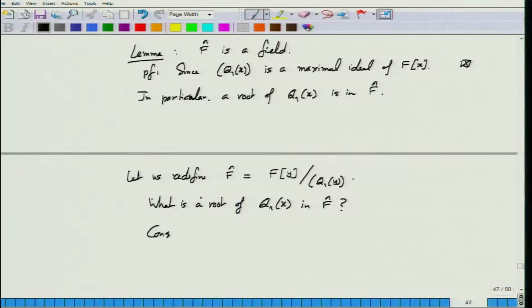Consider y plus the ideal generated by Q1(y). This is an element of F hat. Now I am writing it properly with the clear understanding that this is an equivalence class. This equivalence class is an element of F hat.